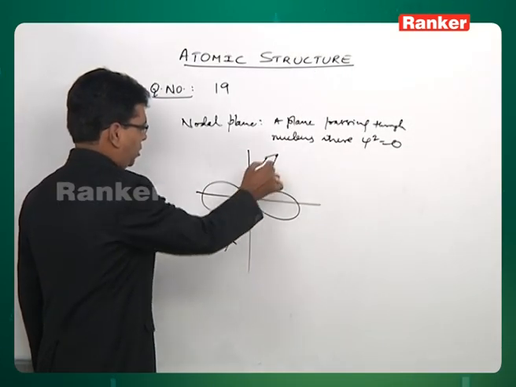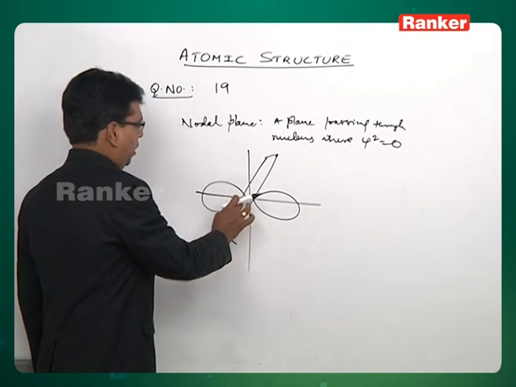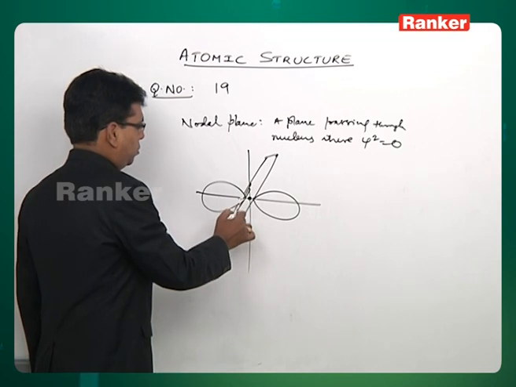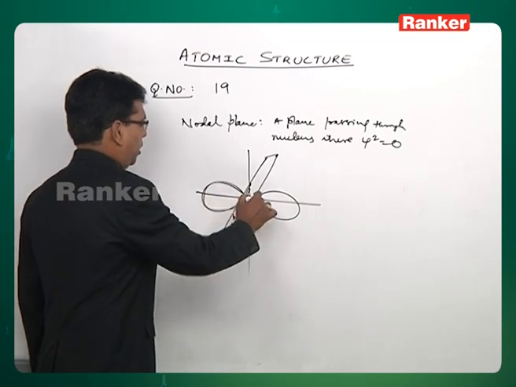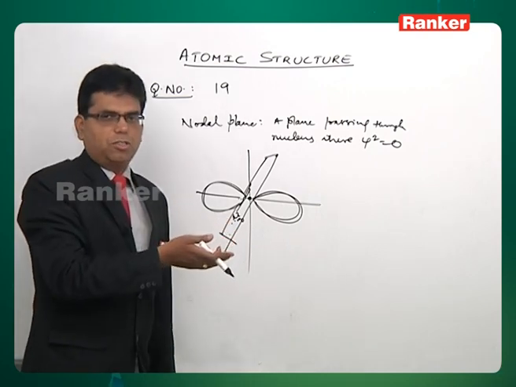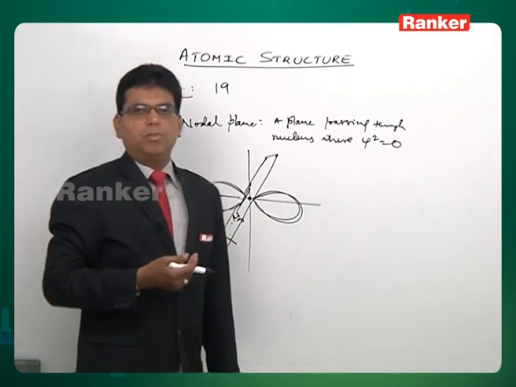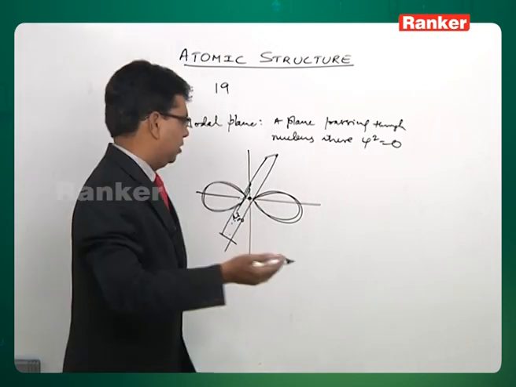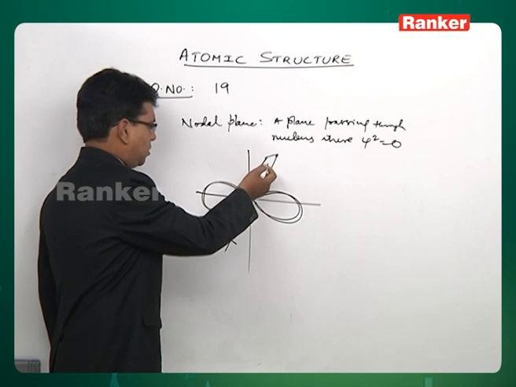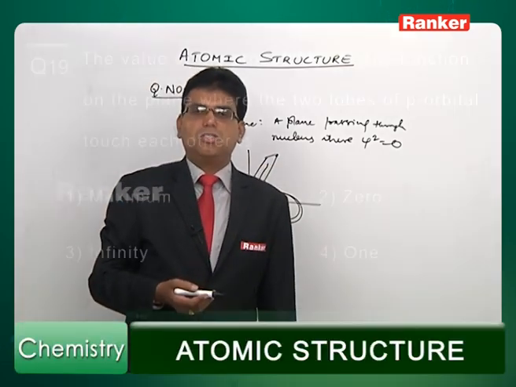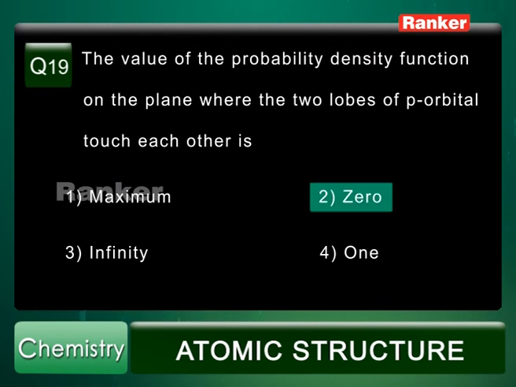This is a plane passing through the nucleus where the probability of finding the electron is 0, because the entire electron density is over here and over here. But in this plane, the probability of finding an electron is 0. The value of probability density, that is the psi square value along this plane, is equal to 0. So the correct answer is option 2.